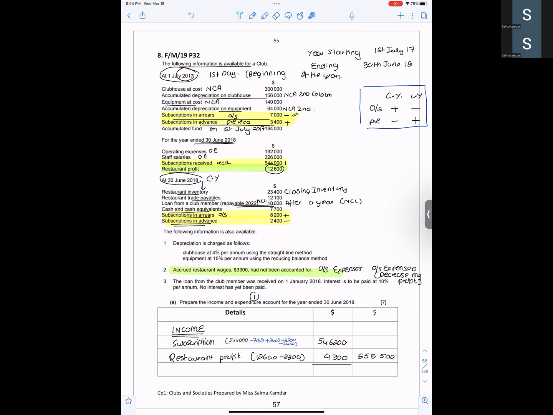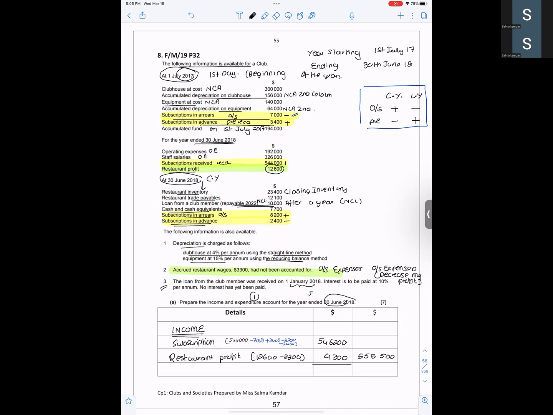Let's look at the expenses. Depreciation is charged for the clubhouse at 4% on straight line method and for equipment on reducing balance method. And also the loan that I have taken from the club member, I received it on 1st January 2018.